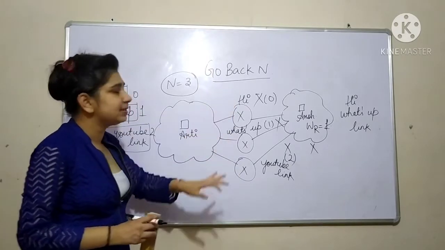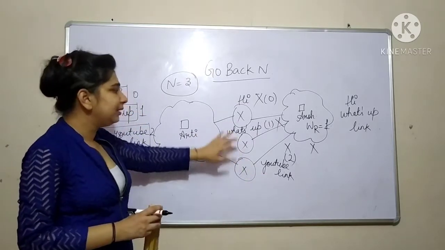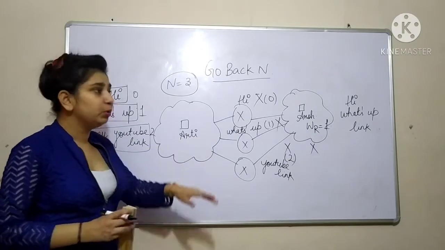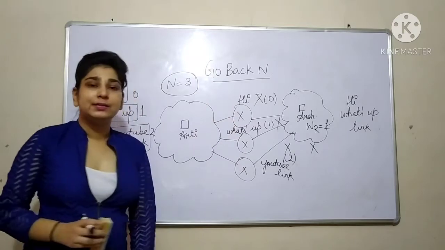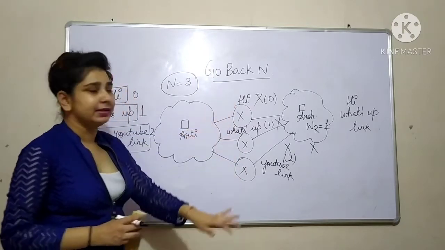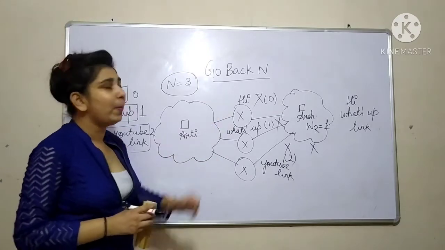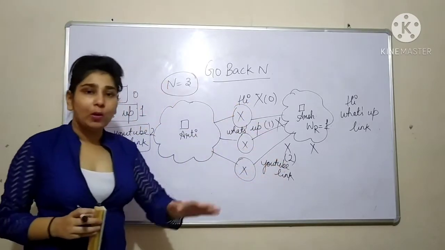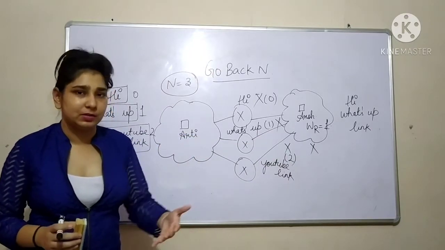If one packet is discarded, all the remaining packets on the channel are going to be discarded. Then what does the sender have to do? The sender has to send all these 3 packets, the complete window, in Go-Back-N. So packet number 0, 1 and 2, all these 3 packets the sender is going to retransmit.